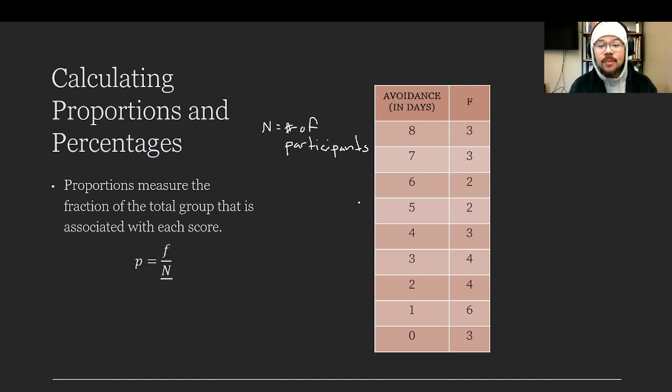To calculate the number of participants for a frequency table, you can simply add up all of the numbers in your frequency column. That tells you how many people participated.